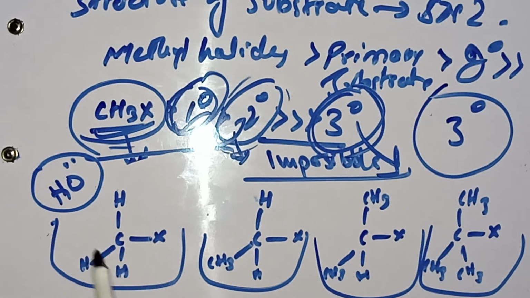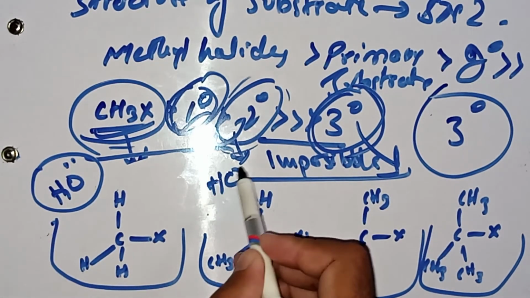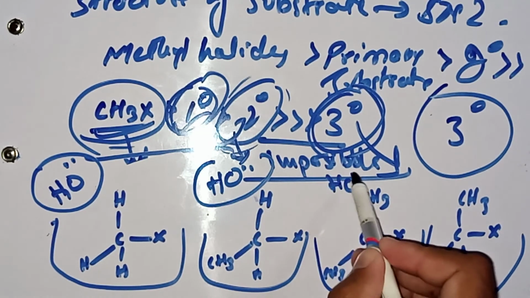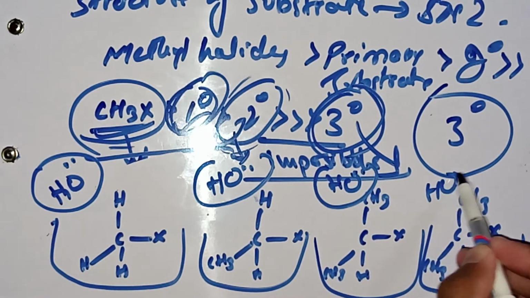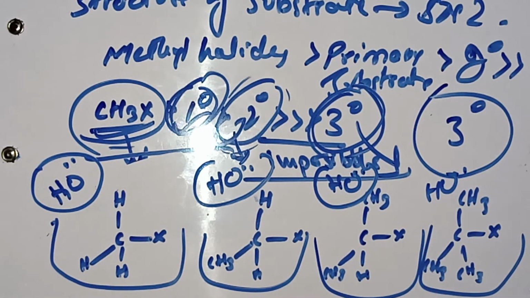When you add the strong base to each of them, in the first case the reaction will take place very rapidly and easily, and in the next it will be slower as compared to the primary alkyl halide.